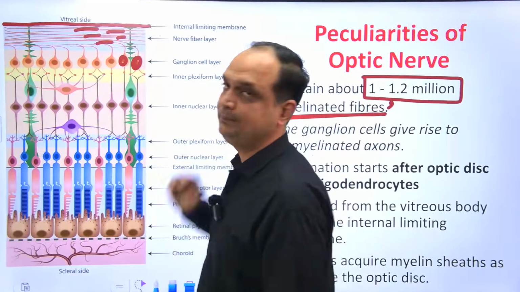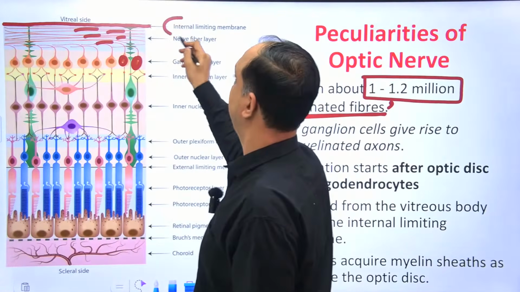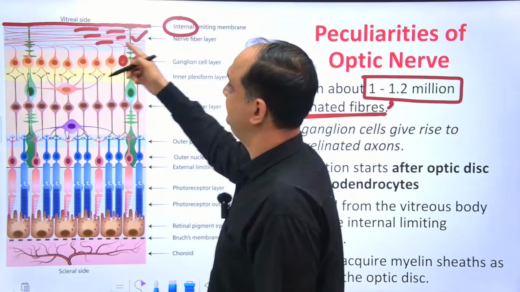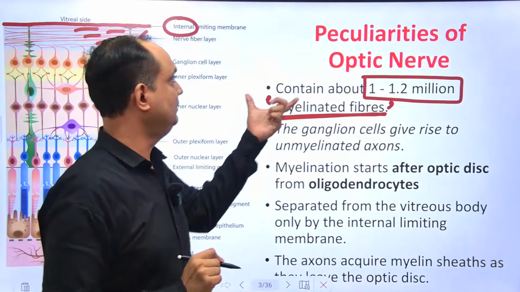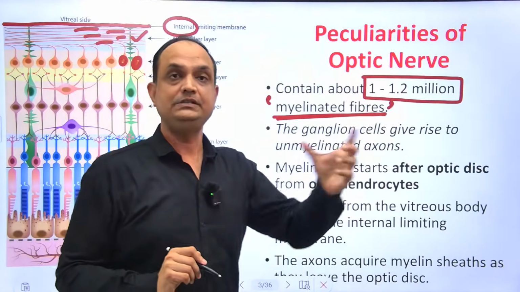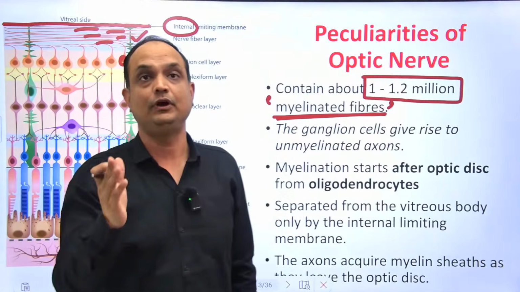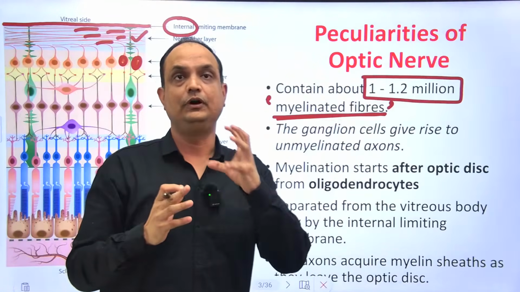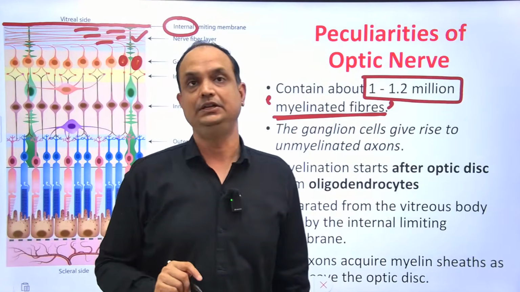Once you are inside the eyeball, just below the internal limiting membrane, these axons are unmyelinated. But when the optic nerve fibers come out from your globe, from your eyeball, the oligodendrocytes myelinate them.